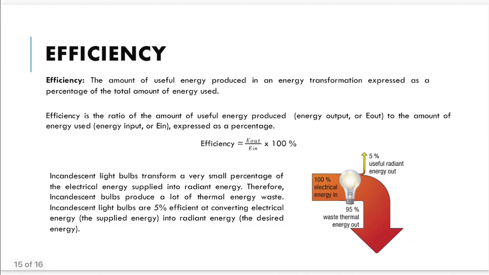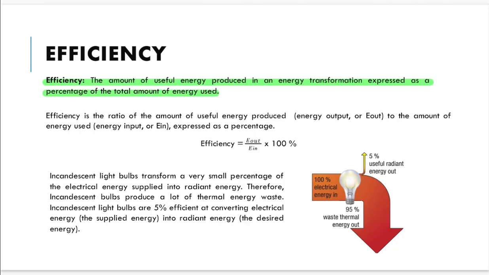So the term efficiency is the amount of useful energy produced in an energy transformation expressed as a percentage of the total amount of energy used. So we talked about this light bulb situation before, and there's an amount of energy that is useful, that is what we want it to do, for example, show light, and then there's an amount of energy that is kind of a byproduct. It's happening, but it's not necessarily what we want.